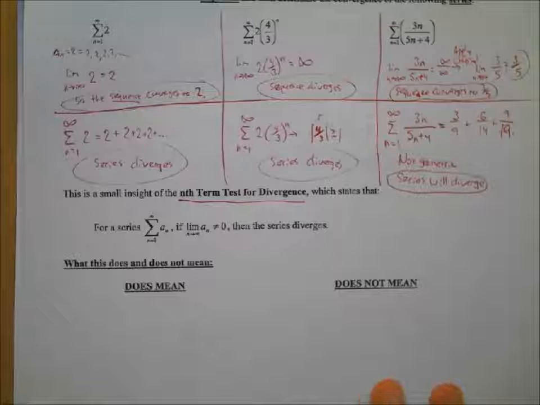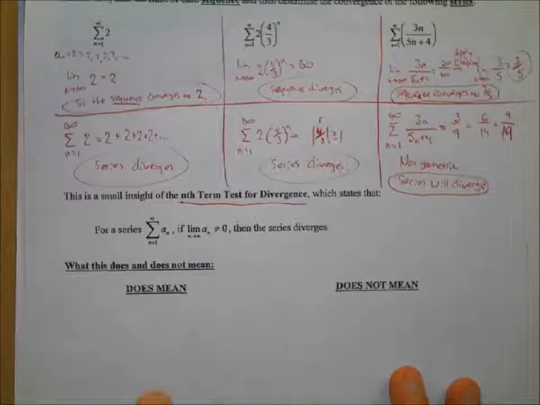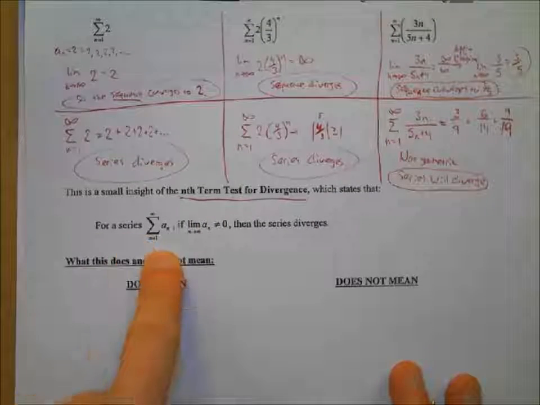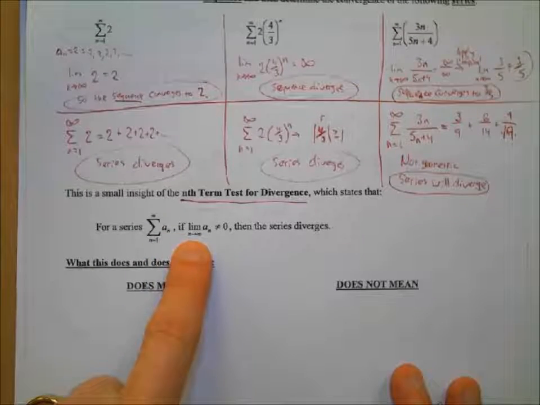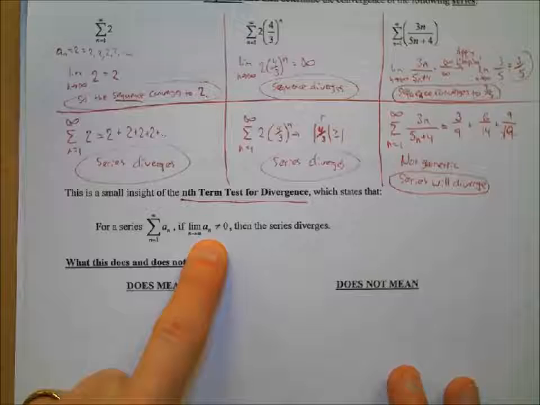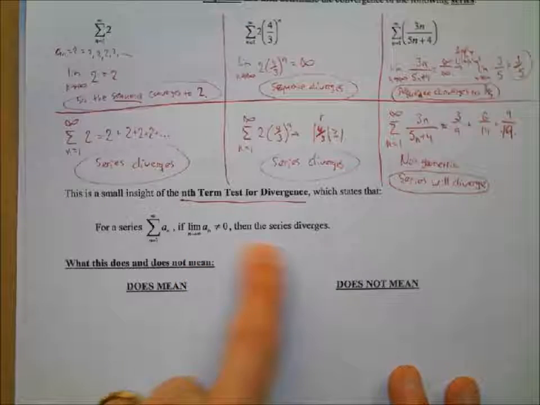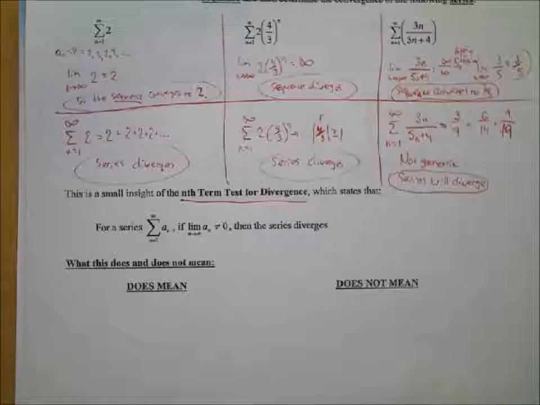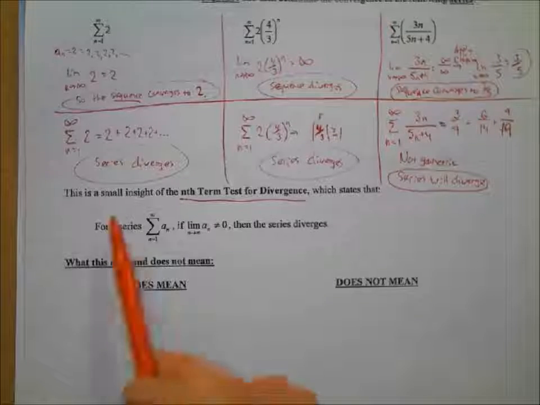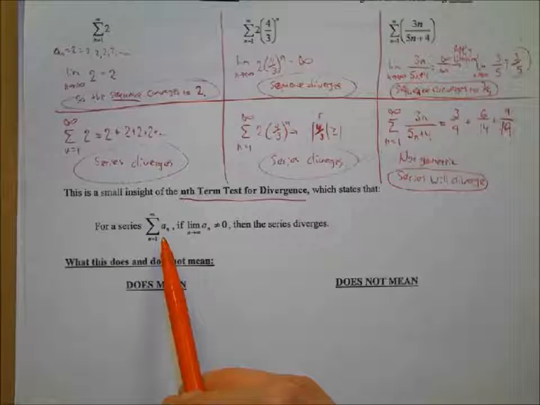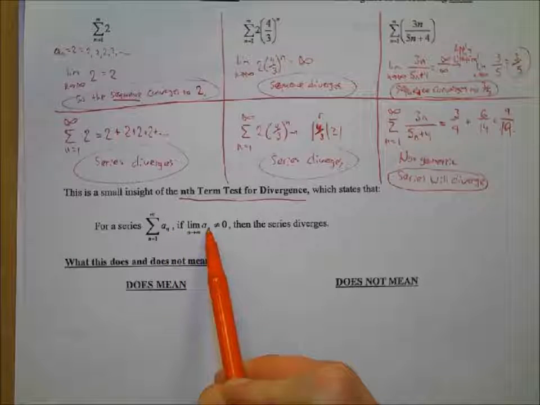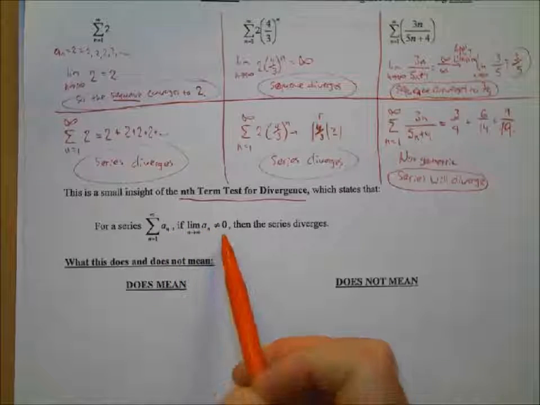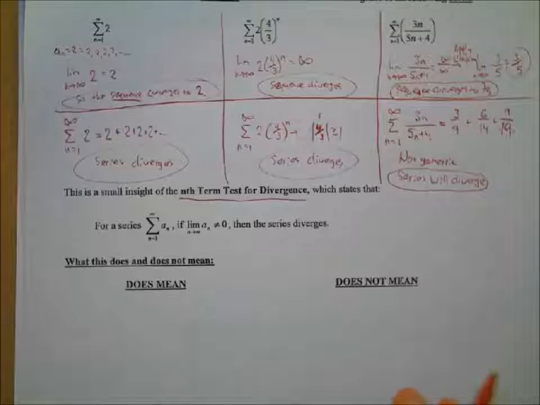So here's what this test for divergence states. For a series, right here, the sum from 1 to infinity of a sub n, if the limit as n approaches infinity of the sequence does not equal 0, then the series diverges. Okay? So for a series, if you're trying to find the sum from 1 to infinity of a sub n, if the limit as n approaches infinity of the sequence does not equal 0, then the series diverges.